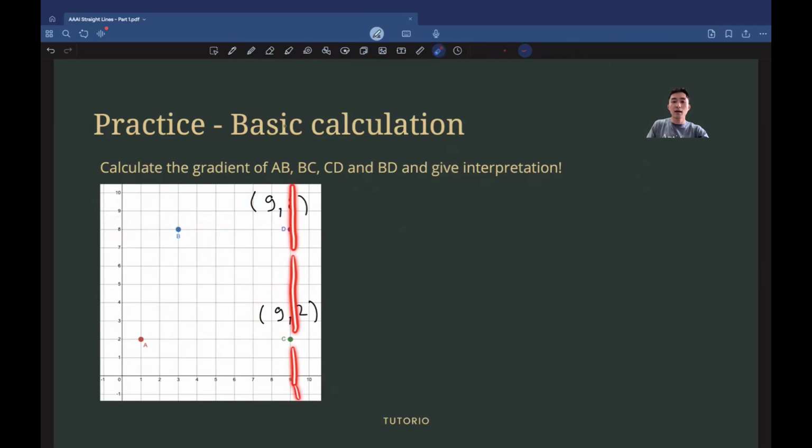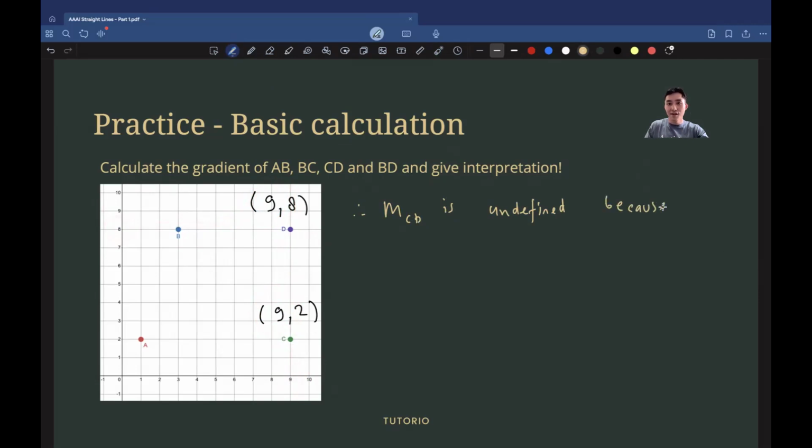We need to say that the gradient of CD is undefined because it is a vertical line. We can see here that the x is the same at 9. The interpretation is already happening here: it's a vertical line.